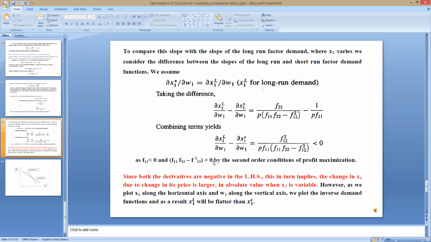In other words, mathematically, the short run input demand will be steeper than the long run input demand.